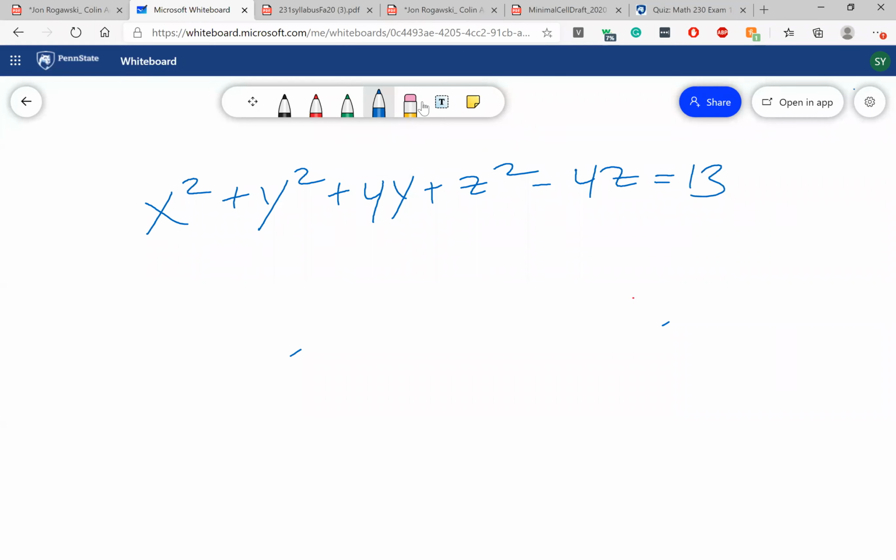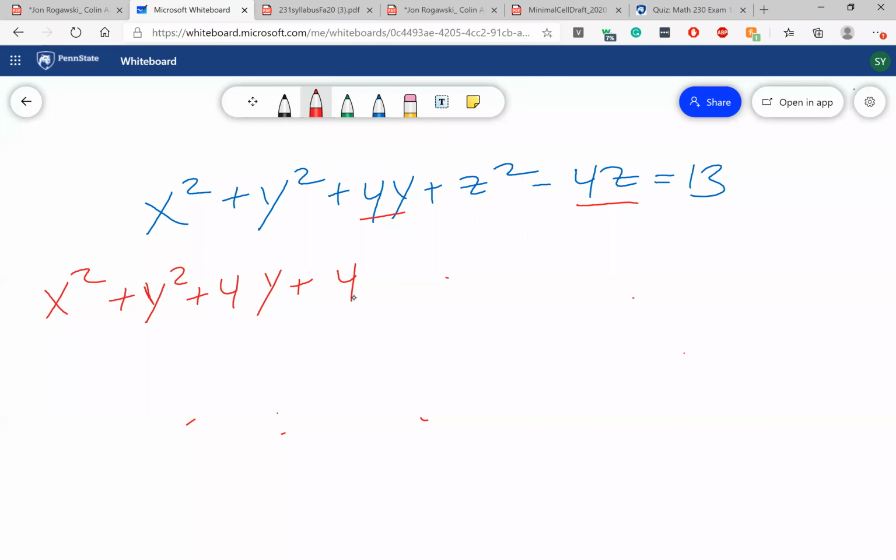Okay, so this is the equation that they give us, and we just need to complete the square, meaning we don't like this over here and we don't like this over here, and we want everything to be squared. So the x's are easy. The x we just keep the same, x squared. And then the y over here, you can say plus y squared plus 4y plus 4.